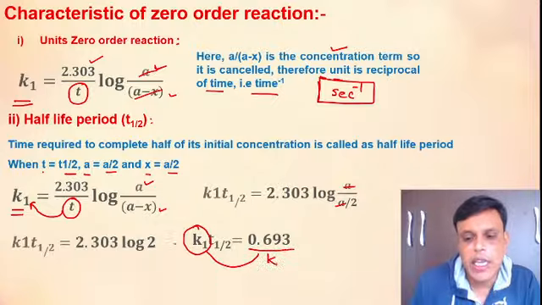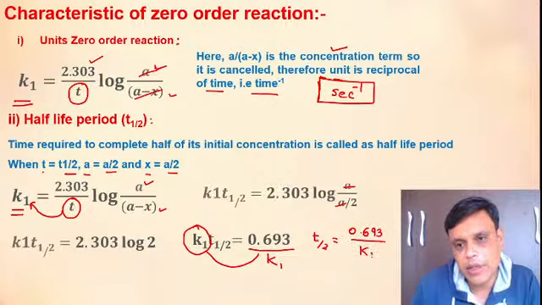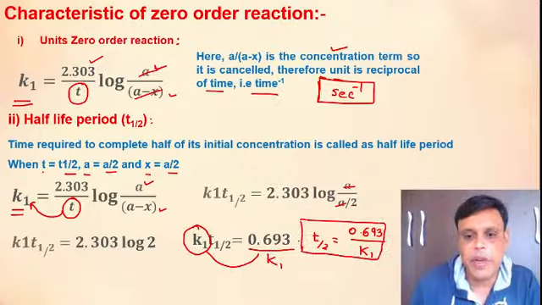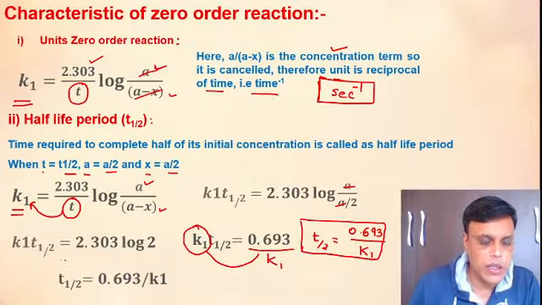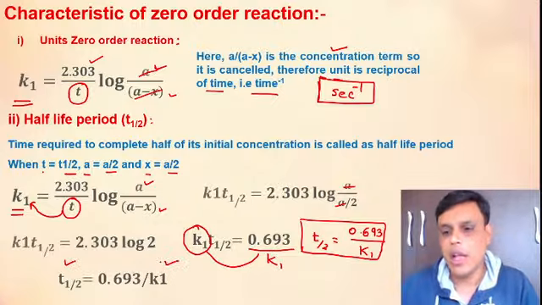So t half is equal to 0.693 divided by k1. This is your half life period. See here, t half is equal to 0.693 divided by k1. This is your half life period.